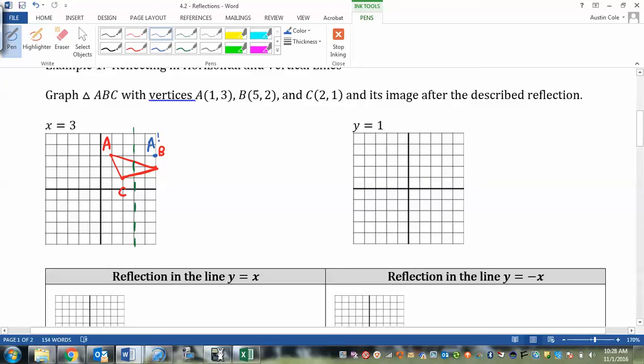And I can continue to do that with all of my other points. So B is 2 units away from our line of reflection or axis of symmetry. So I know it needs to be 2 to the left. So there's B prime. And C then is 1 unit away from our axis of symmetry. 1 unit to the left, so now it needs to be 1 unit to the right.